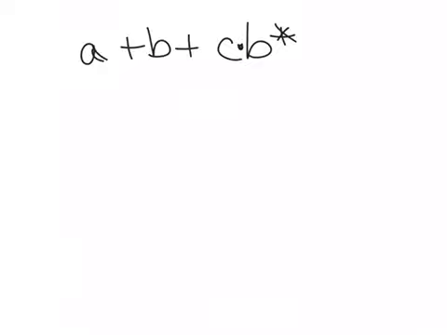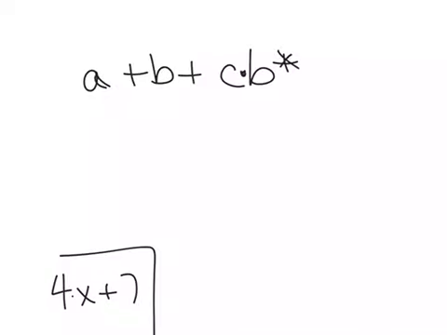We get rid of the dot because, just like in algebra, if I write 4x plus 7 as a mathematical expression, that really means 4 times x plus 7, but we never write the dot because we get lazy. Similarly, we don't write the dot that's up here in the corner.